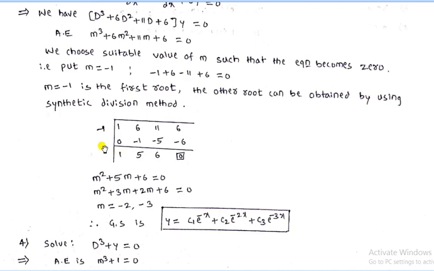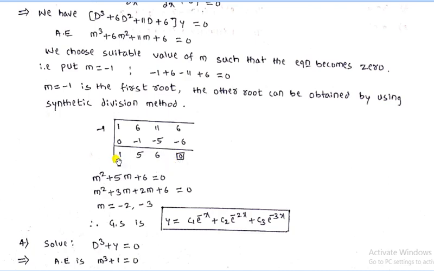Then multiply this plus 1 with minus 1 and write here. So 1 into minus 1 is minus 1, and again add 6 and minus 1, which gives plus 5. Then multiply 5 into minus 1 and write here minus 5, and add 11 and minus 5, which gives 6. Then again multiply 6 into minus 1 and write here minus 6, and plus 6 minus 6, so the last term is always 0.